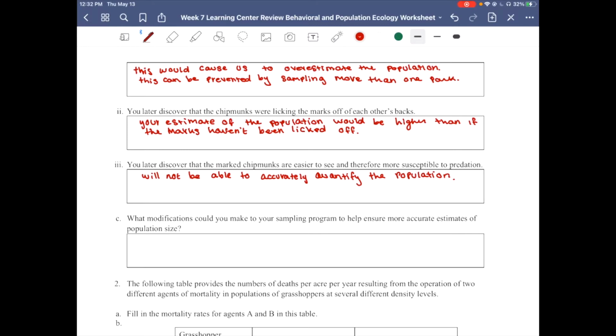All right, I can start off with one. We have an answer: use tags that they don't like to lick and also put the tags where the predators can't see them.